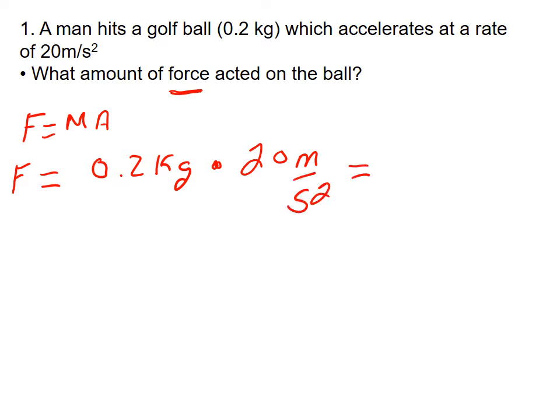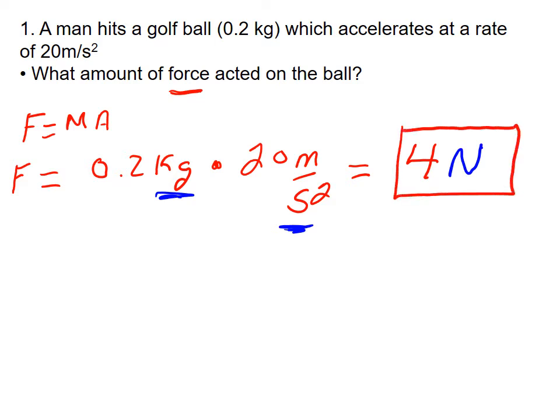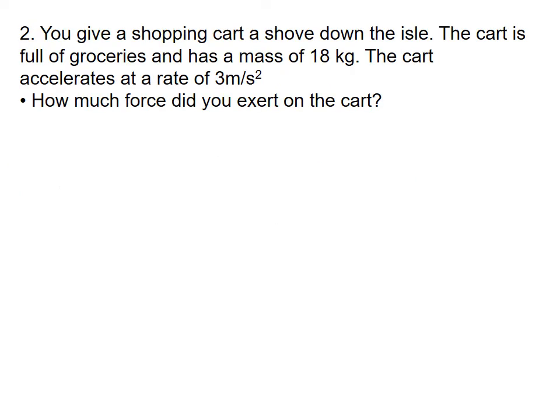When we multiply 0.2 times 20, you get 4. And you remember a kilogram and a meter per second squared comes out to be the unit called a Newton. So we can just symbolize Newton, and then of course we will have a box around our answer.